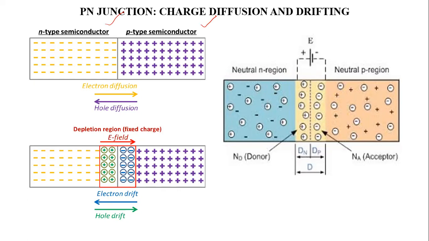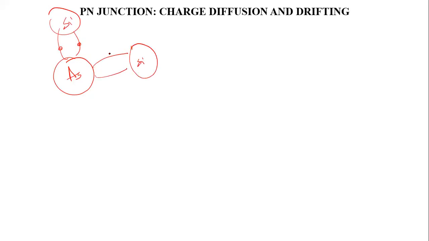Now we know that in an n-type semiconductor, for every arsenic atom or any other pentavalent atom you introduce, in the silicon crystal there is one covalent bond here, another covalent bond with another silicon, and so on. In addition to the 4 electrons contributed to the covalent bonding, it has one free electron, right?